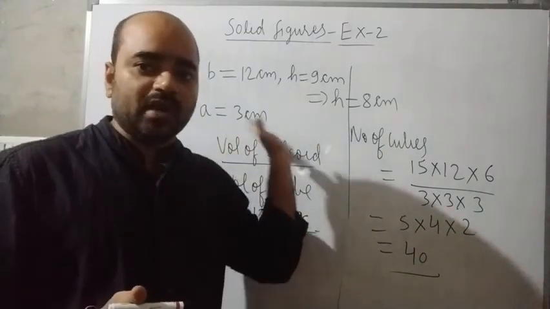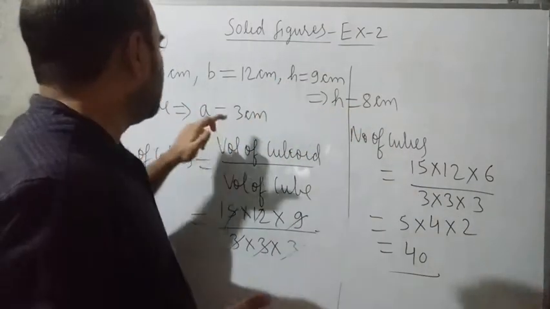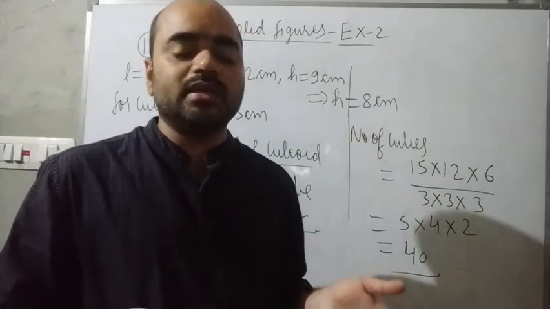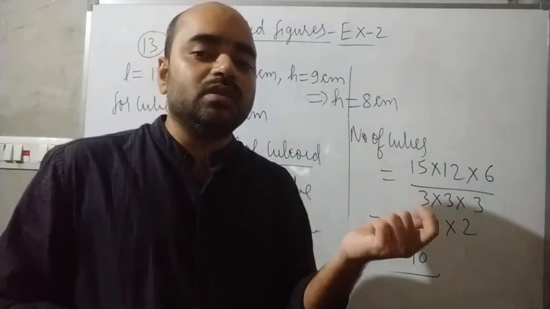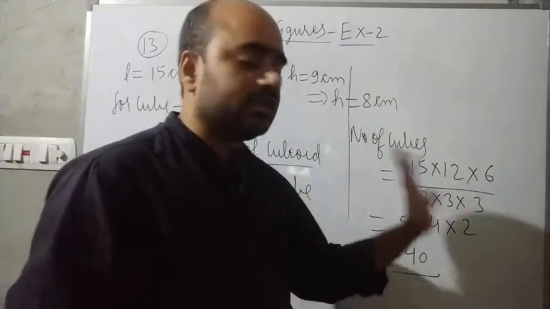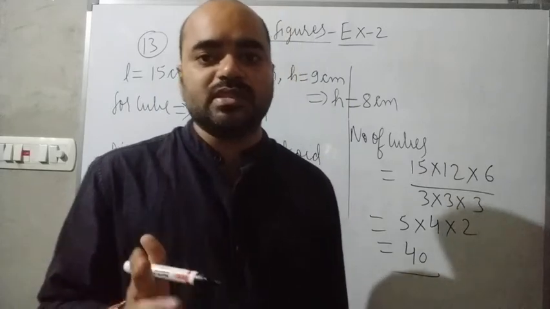In the earlier case, it means 5 into 4 into 3. Now, when the dimension is changed, 3, 5, 3, 4, but here we cannot divide it by 3 completely, but we can divide up to 6. It means 3 2s are 6. That is why we have taken 2 here. Understood? And remember, everywhere units must be the same.